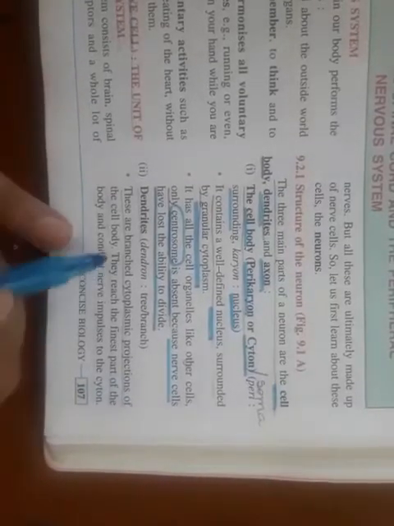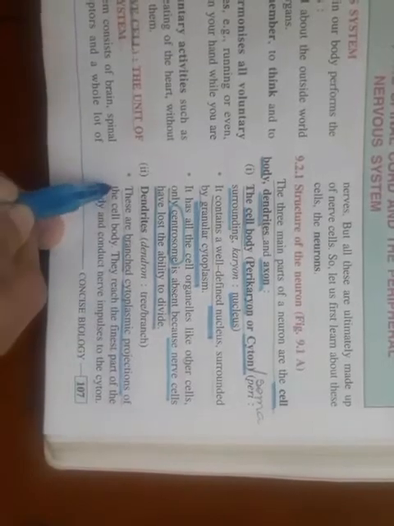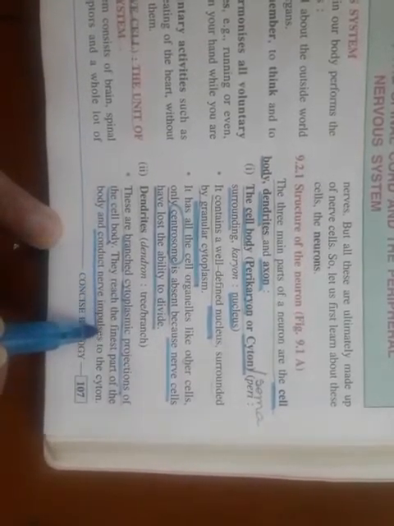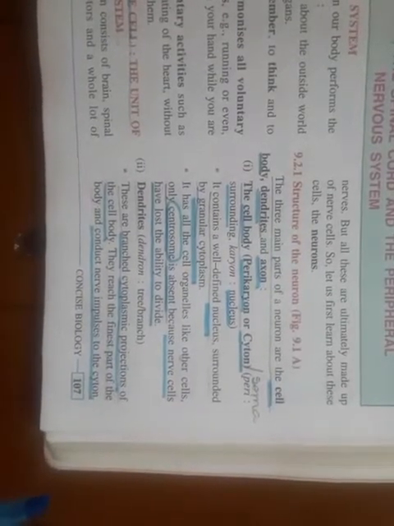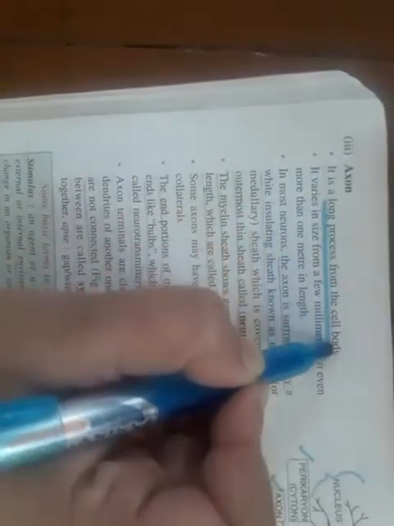Dendrites. The branched cytoplasmic projections from the cell body function to conduct nerve impulses to the cyton. Axon. Long process emerging from the cell body.